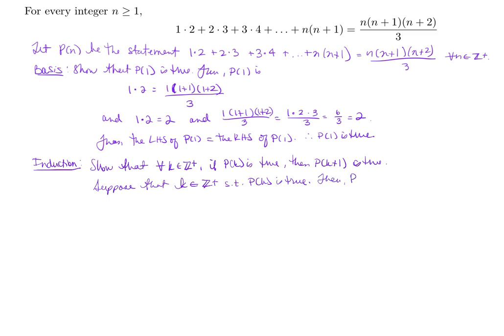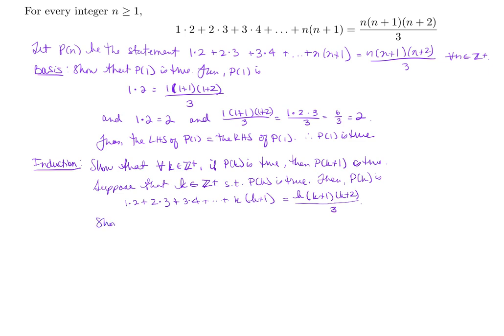So then we know that p of k is, well, we would have 1 times 2 plus 2 times 3 plus 3 times 4, right? Plus our sum all the way up to k times k plus 1 is now equal to k times k plus 1 times k plus 2 all over 3.